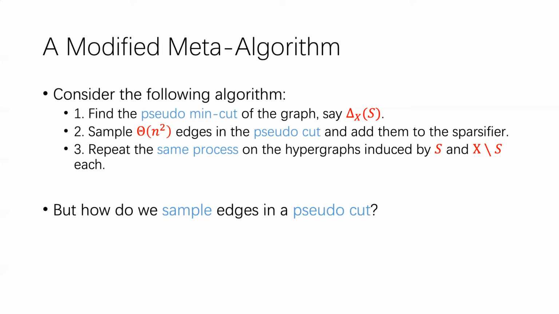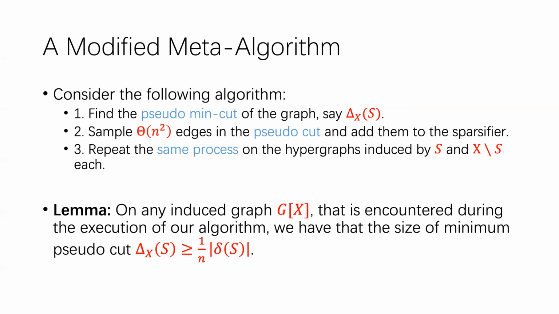But now the real problem is, in the second step, how do we actually sample edges in a pseudo cut? A key observation is on an induced graph Gx that is encountered during the execution of the algorithm. And I want to emphasize here that we are not considering every induced subgraph, otherwise this lemma would not be true.